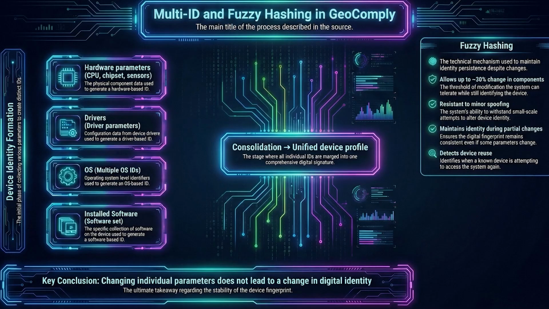All information about drivers, so that there are no fake drivers or hook drivers, which I talked about earlier, is read and formed into an ID. The operating system is formed into several identifiers, in particular, specific telemetry data that is created by the Windows operating system itself, plus identity data, plus the identifiers of our user, plus the identifiers of the specifically installed operating system are also formed into one single ID.